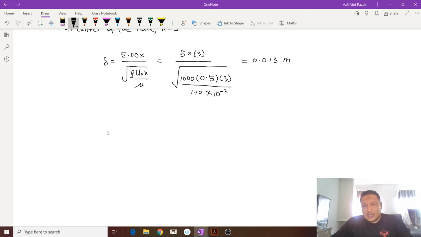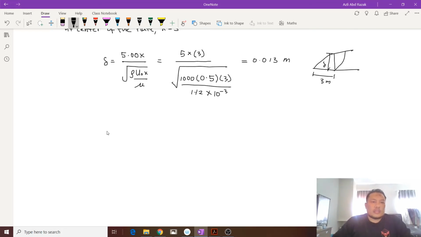This means that the delta, this is the boundary layer, has a value of 0.013 at x equal to 3 meter.